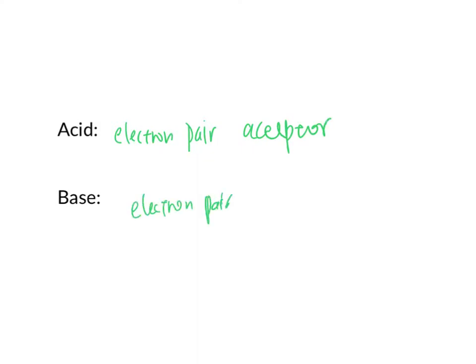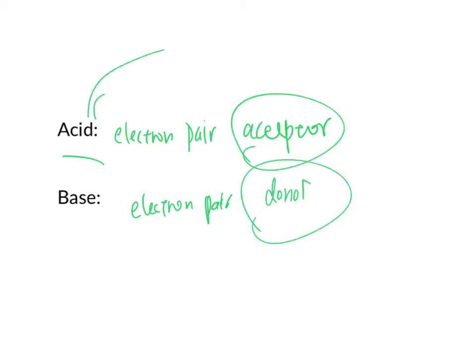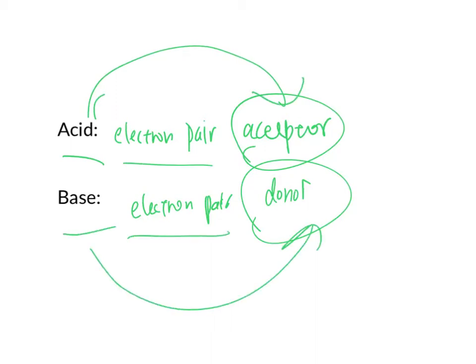So for me, all I remember is a Lewis acid is an electron pair acceptor, and a Lewis base is an electron pair donor. The acid accepts an electron pair and the base donates an electron pair. All you have to do is just look for how the electrons move in the balanced equation. For all general purposes, just stick with the Bronsted-Lowry theory.